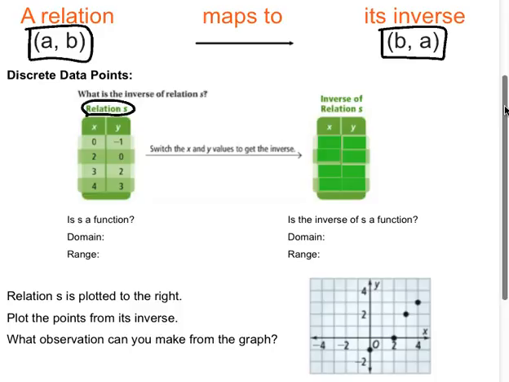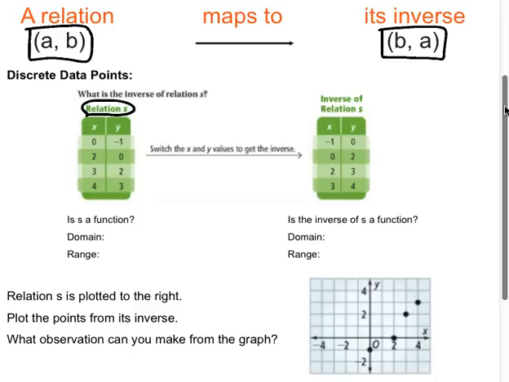So that first point, (0, -1), now becomes (-1, 0). (2, 0) now becomes (0, 2). (3, 2) now becomes (2, 3). And (4, 3) now becomes (3, 4). So again, to find an inverse, literally all you're doing is flopping x's and y's.